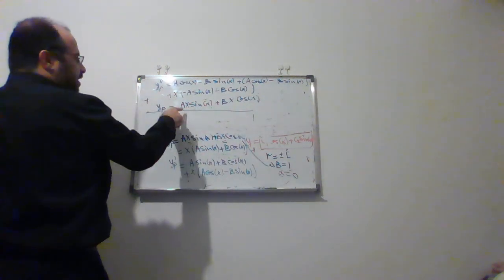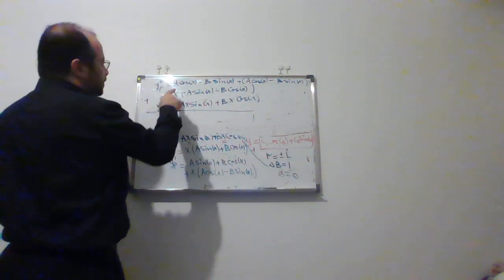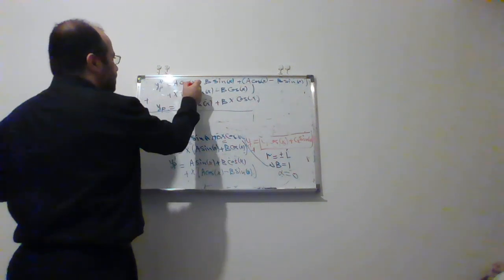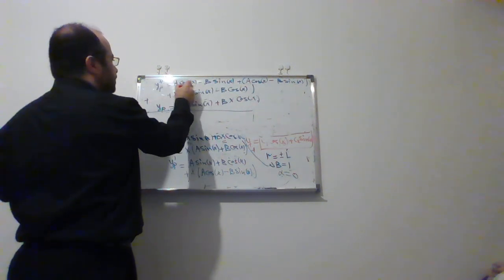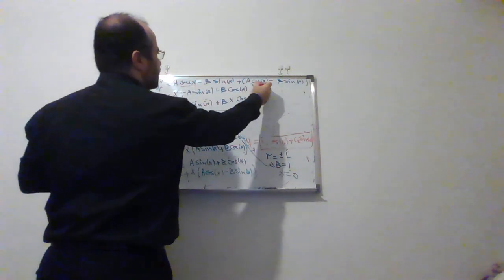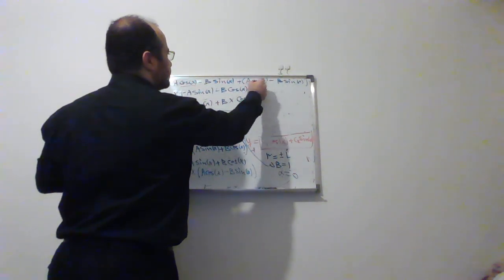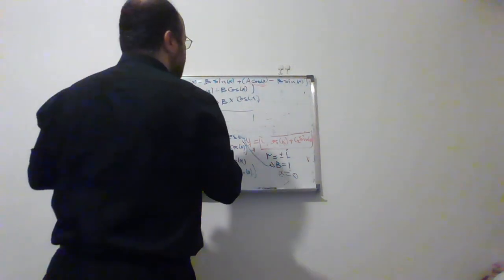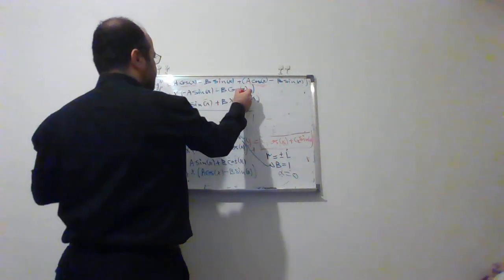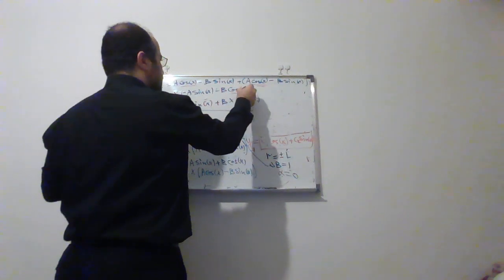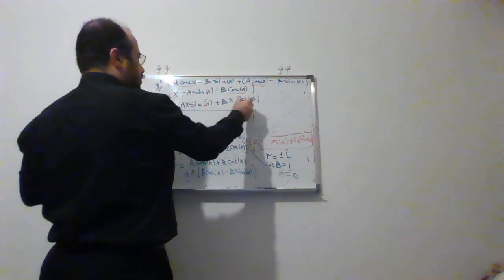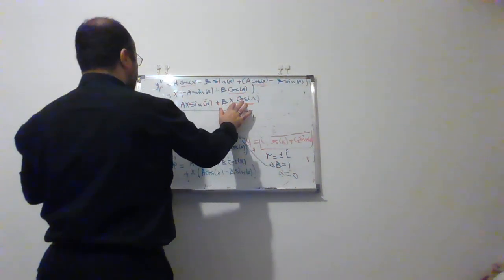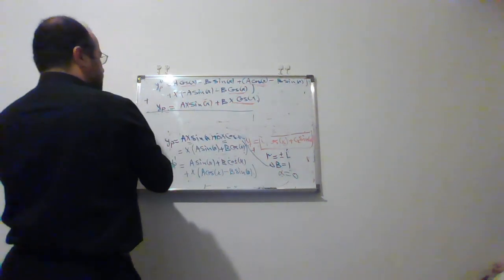Now when you add this, let me track the cosine x. So we have cosine here, right? And we have also cosine here, and we have cosine there. So we have cosine, cosine, cosine.